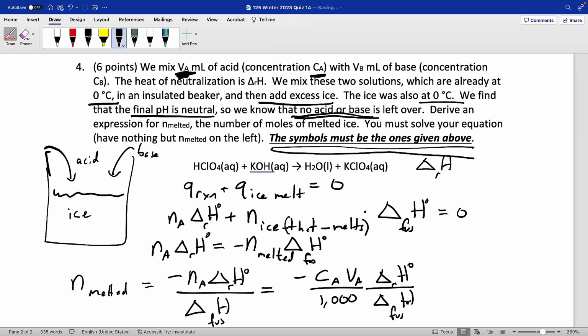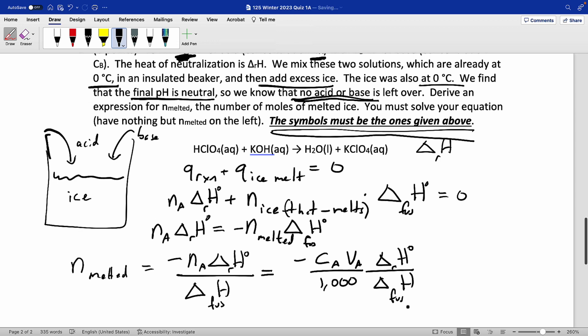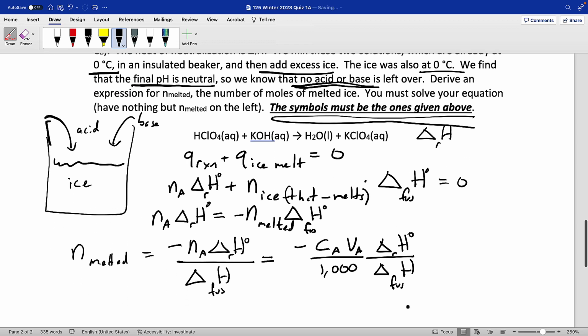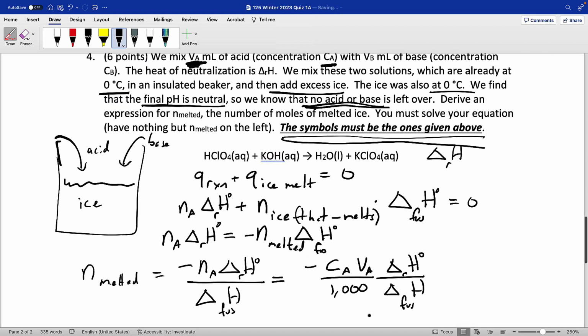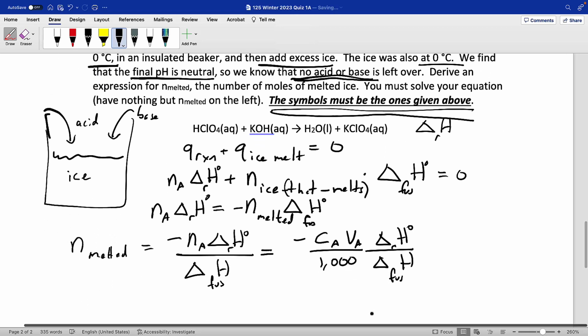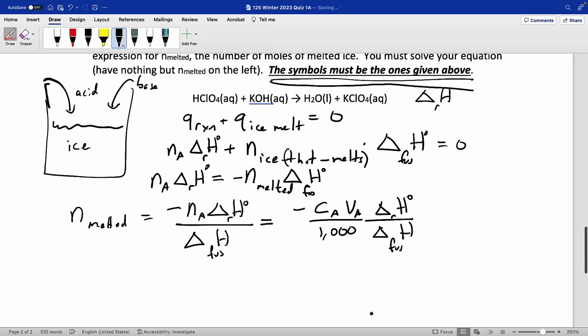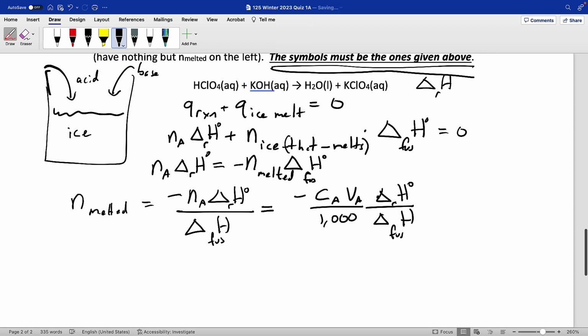Okay, now there's two things we can do with this answer, and we should do both of them. Because I didn't say what units I put the heat of reaction in, I gave full credit whether or not you had the 1,000 there. Okay, if I had said kilojoules though, you'd have to put this factor 1,000 in. So let's see why. If I put the units in, I've got concentration in molarity, which is the same as moles per liter.